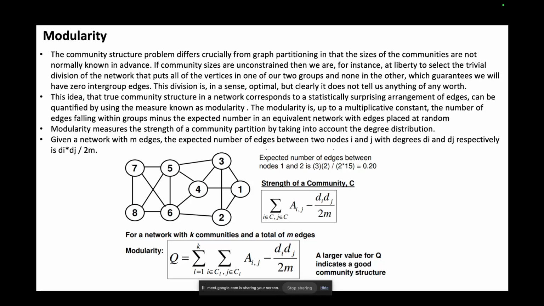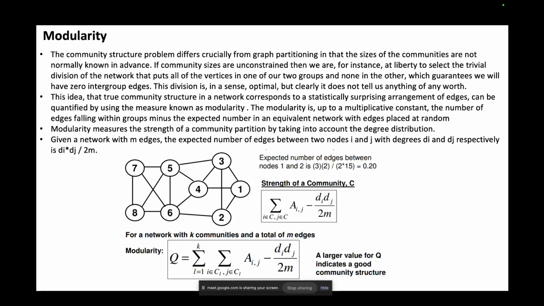This division is, in a sense, optimal, but doesn't really tell us anything, right? The idea that the true community structure in the network corresponds to a statistically surprising arrangement of edges can be quantified by a measure known as modularity.